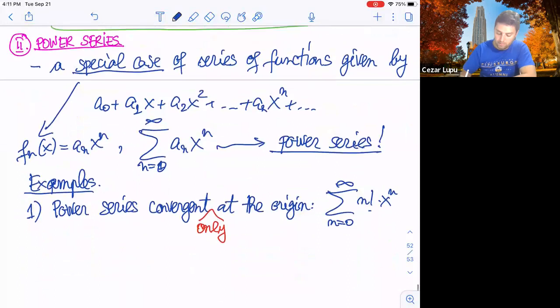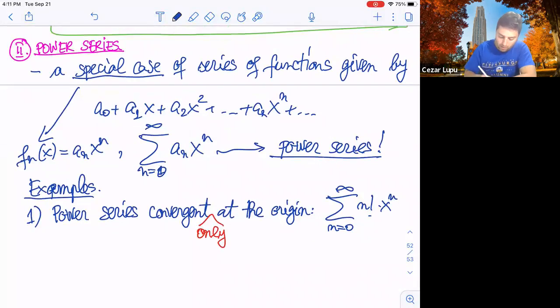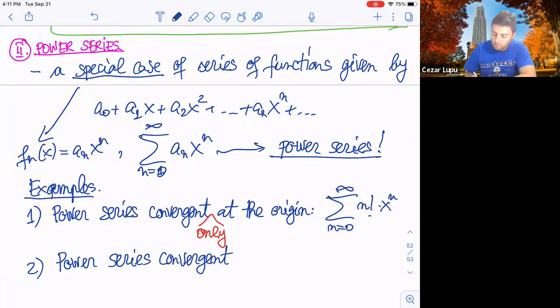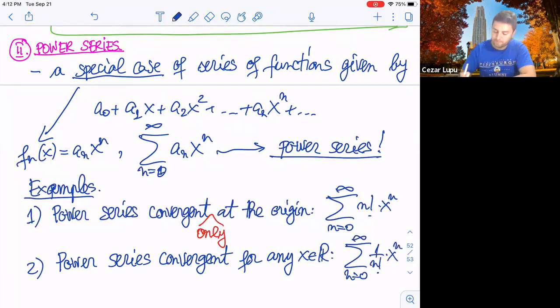Or if we want to give an example of a power series which is convergent for any real x, well, we can take this example, 1 over n factorial times x to the n.